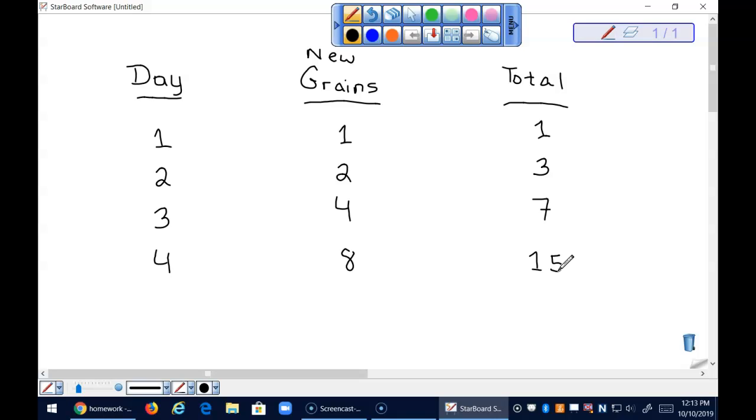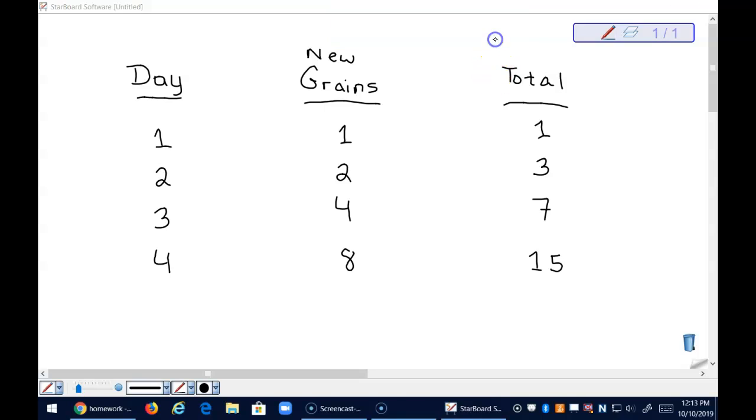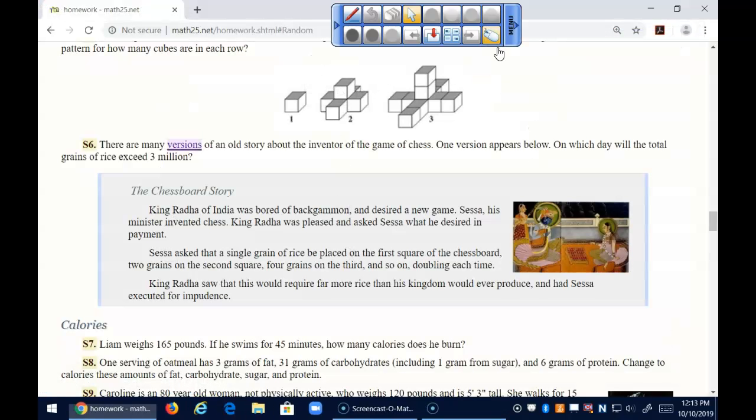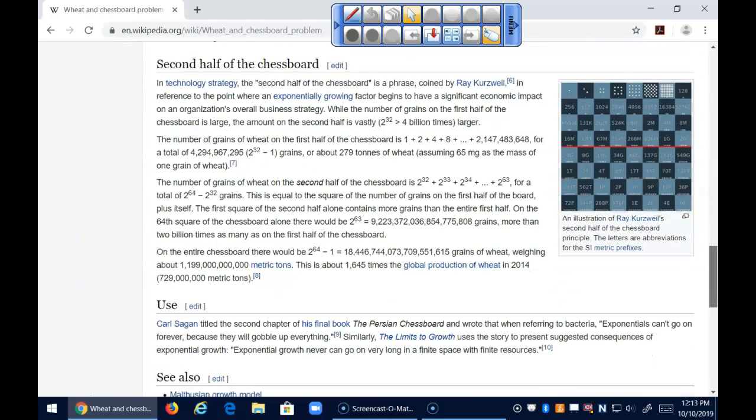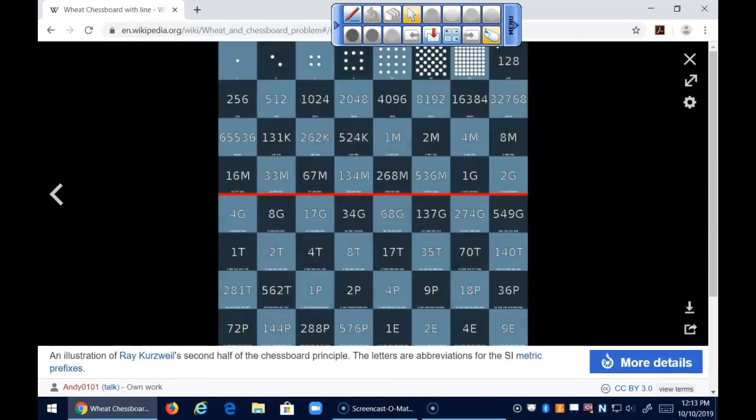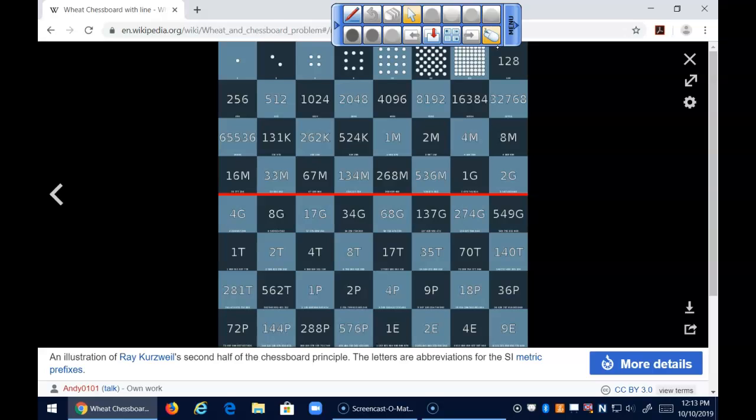But if you want to cheat, which I will just for the sake of time, then if you click on the helpfully provided link, then this picture tells you how many are on each day.